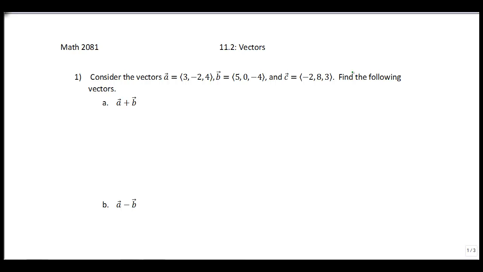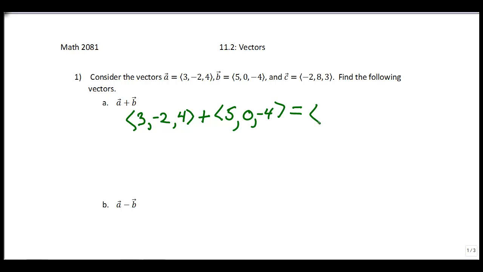So first thing we do is A plus B. We're just going to copy down A and B. So we have 3, negative 2, 4. Whoops, wrong bracket. If it matters too much. Plus B is 5, 0, negative 4.